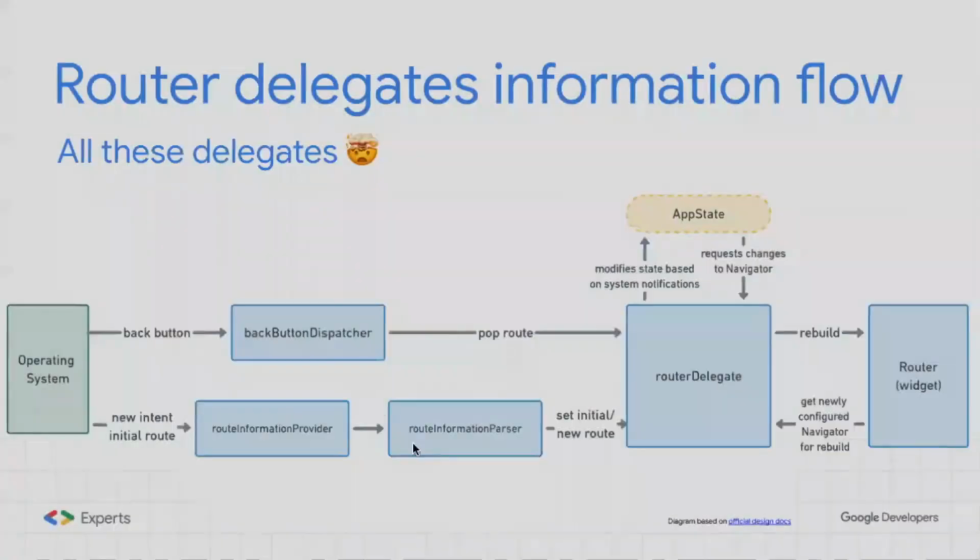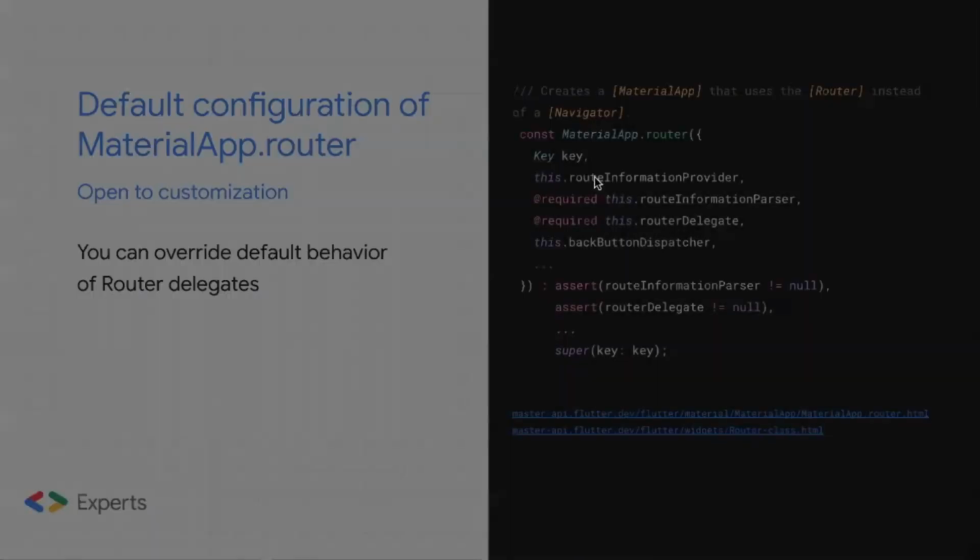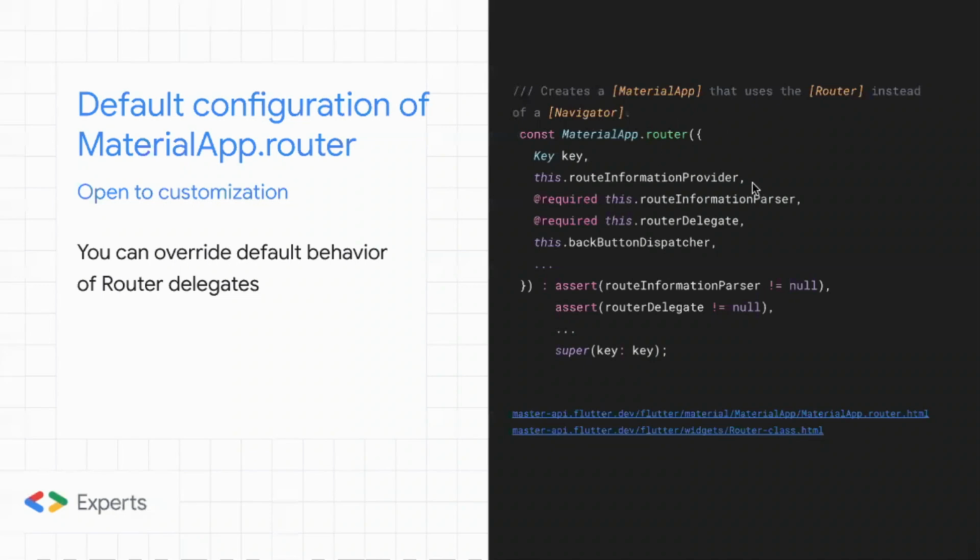So this is the thing that provides the information to the router delegate about the current route. And you can also provide your own route information provider if you want, and back button dispatcher, but these are not required. They are helpful, however, when you are using Flutter Web.